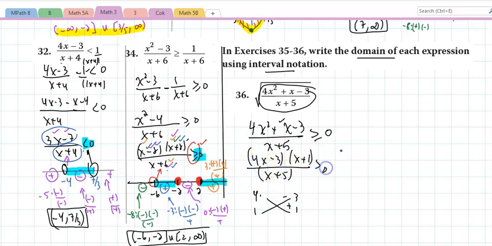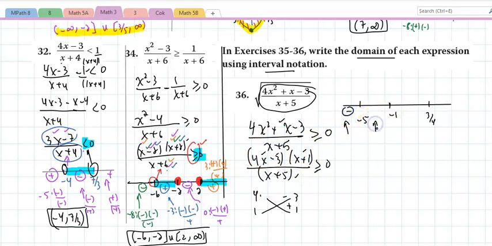So one more time, I would have to really run a number line, and 3/4, negative 1 and negative 5. And if I pick a point in there, negative 6, negative, negative, negative, that's a negative, three negatives.